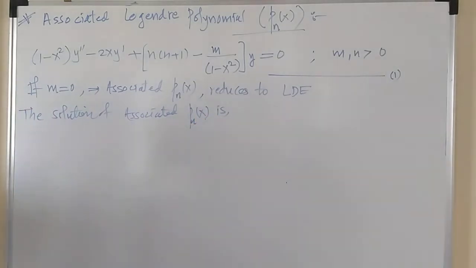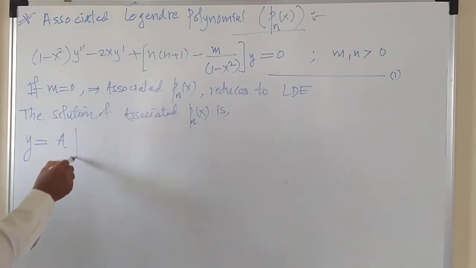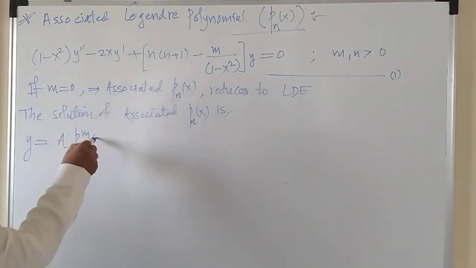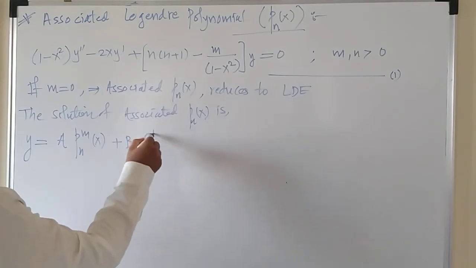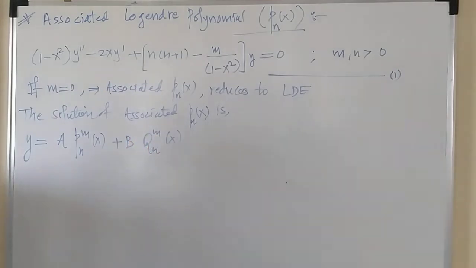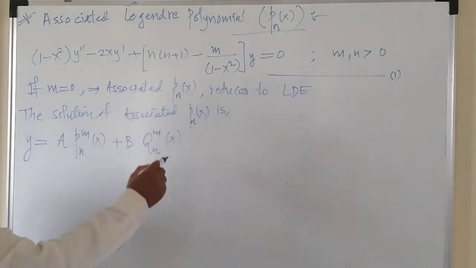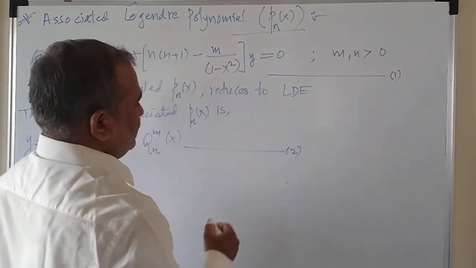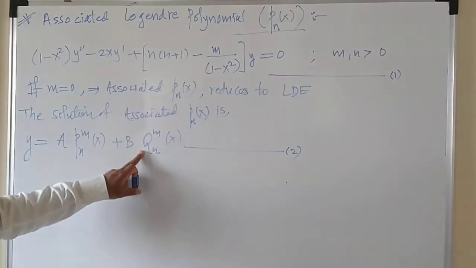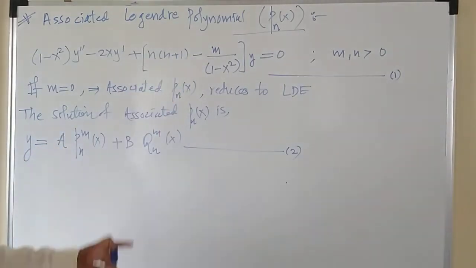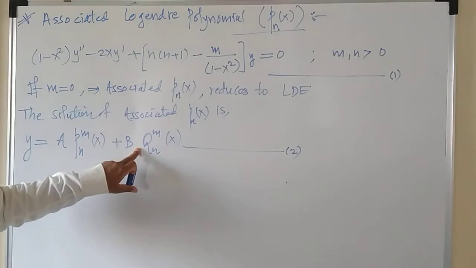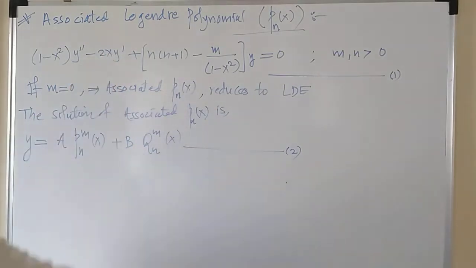Its solution is written as y equals a Pn m of x plus b Qn m of x. This is its solution. Just as this is equation number 1, equation number 2 is the solution of equation number 1, the solution of the associated Legendre equation.